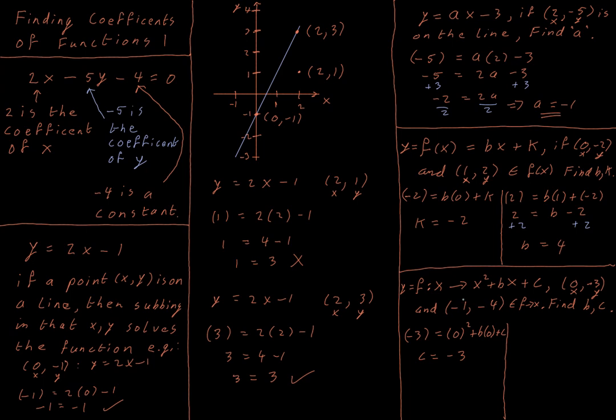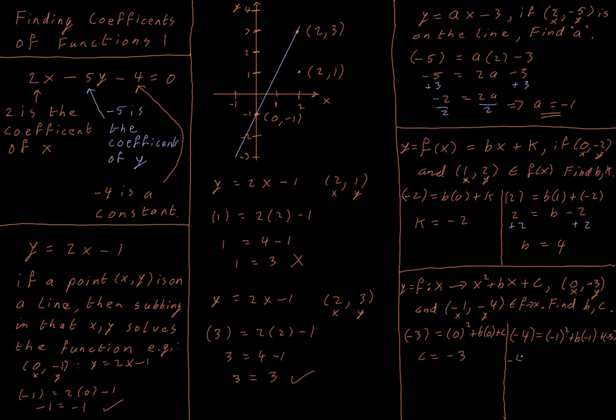So now I'm going to take my other point, and I now know that c is -3. So I have x is -1 and y is -4. So I have -4 is equal to x squared, so -1 squared plus b on -1. And I now know that c is -3.